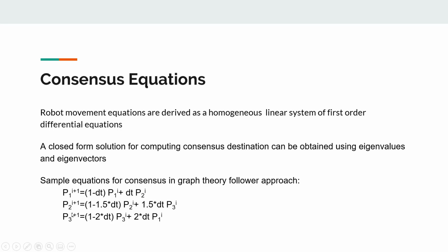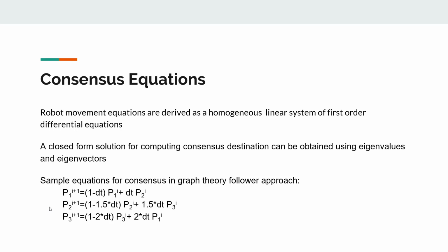Similarly, the next position of robot 2 is dependent on the position of robot 2 and the position of robot 3, and the position of robot 3 is dependent on the position of robot 3 and the position of robot 1. So as you can see, each robot is dependent on one other robot, and these consensus equations make sure that all the robots agree on one particular point.